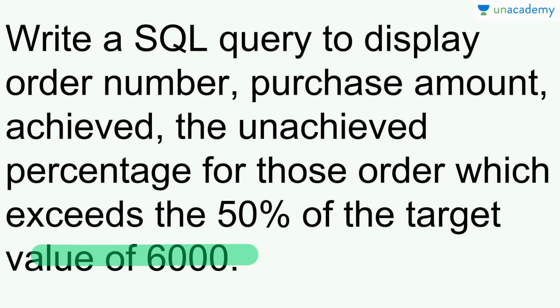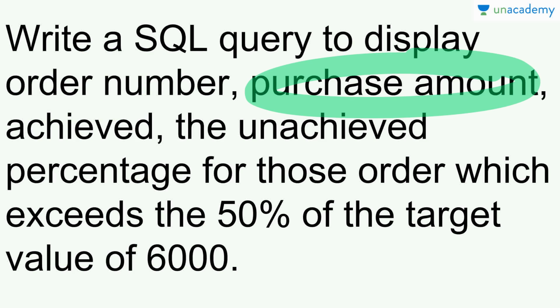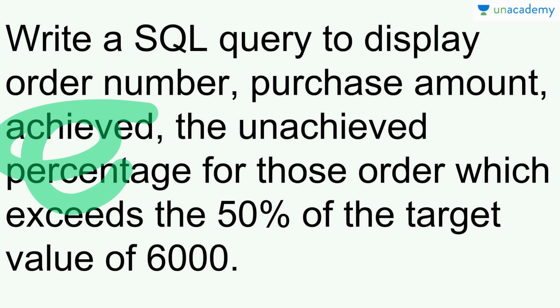Okay, so we have to display order number, purchased amount, achieved percentage. If we have a total target of 100 and our purchased amount is 80, what is the achieved percentage? It is 80%, because out of the 100 target we have achieved 80.